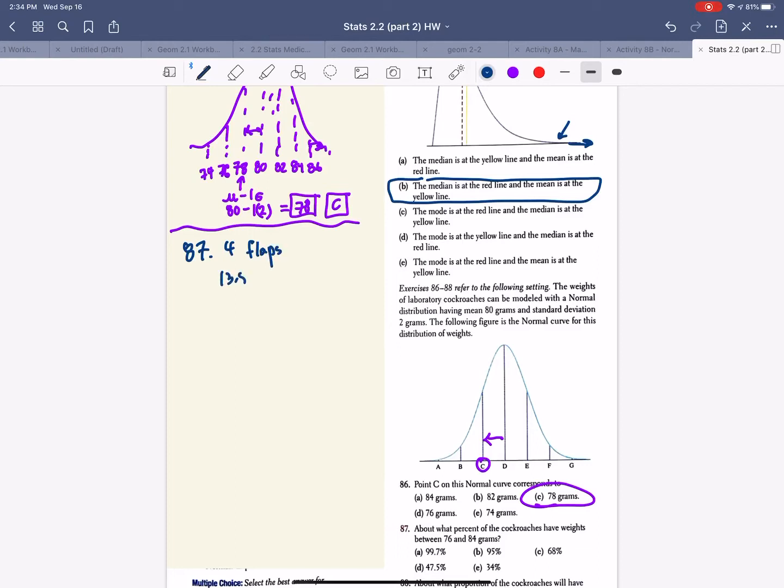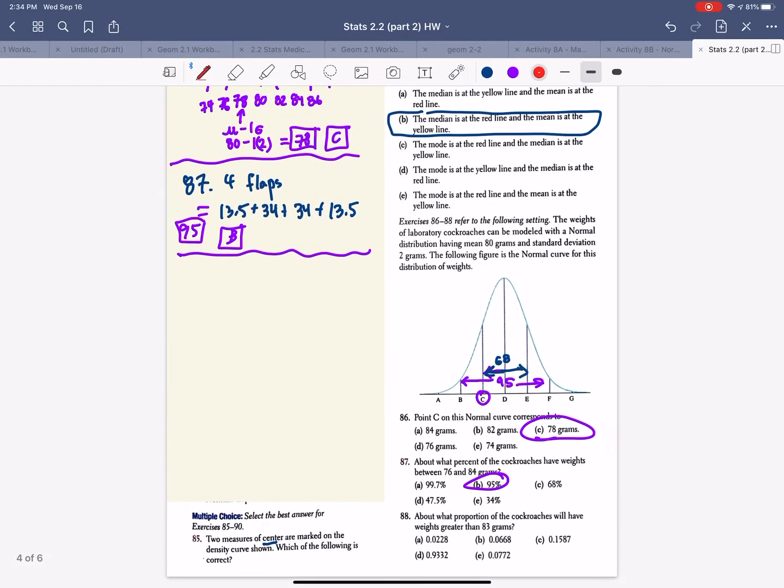It's 13 and a half, right? 34, 34, and 13 and a half. We could have also opened the flaps and noticed like, oh, this is 68 and this is my 95% rule. So those should add up to 95. That's another way to do it. So answer is B, 95.